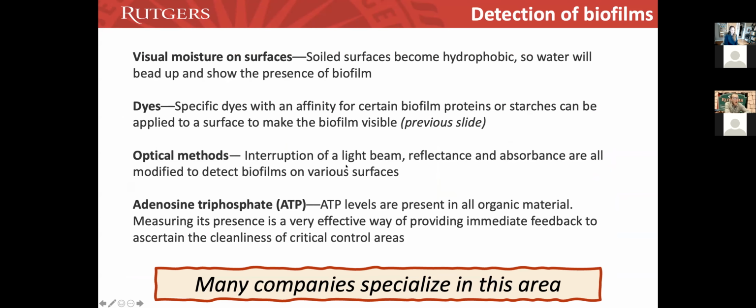There are various optical methods where it's the interruption of light beams and the reflectance or absorbance of that light. And then there's this ATP bioluminescence test that basically uses cellular energy sources to detect if there is a biologically active microbe present on your surfaces.